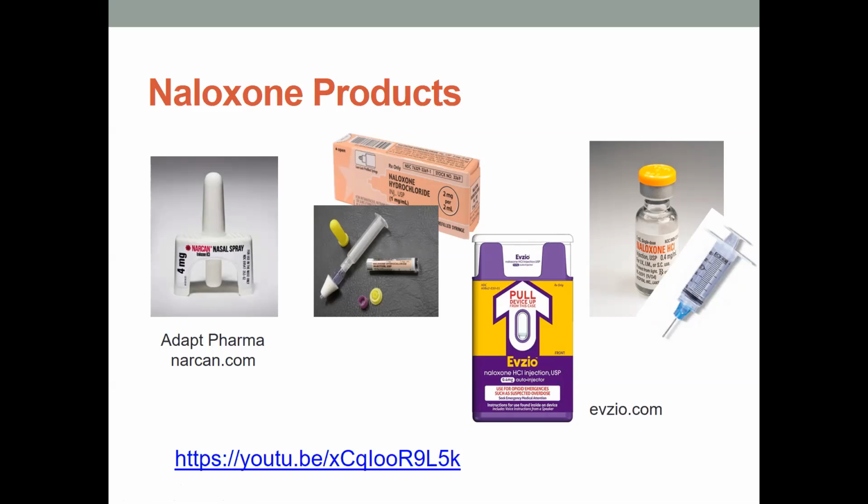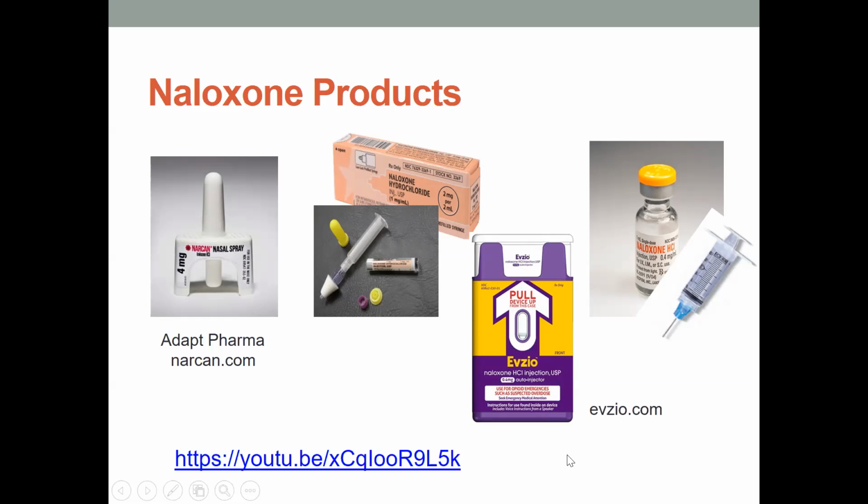This one has been around for a long time and has saved many hundreds of thousands of lives. They all do the same thing, they all have the same drug, but this is also administered through the nose. It does require assembly, and it has less naloxone than the more current version of nasal Narcan, about half as much in each container.